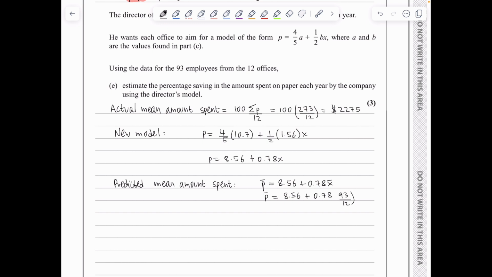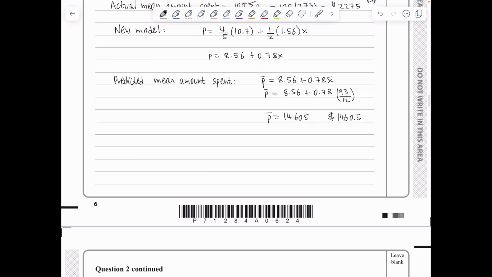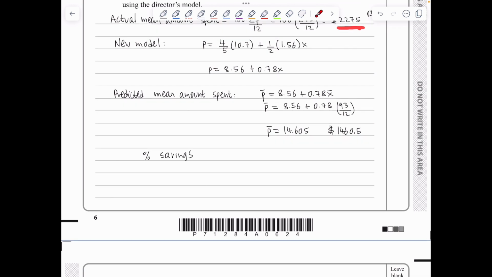So we're trying to find the mean amount spent per office under the director's model. This gives P bar to be 14.605, which means we're looking at $1,460.5, and therefore I can proceed in calculating the percentage savings. So we've got an original cost of $2,275 dropping to 1460.5.